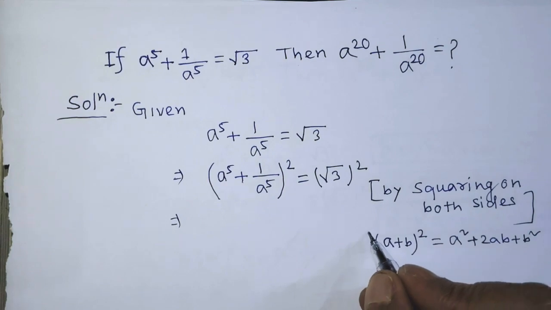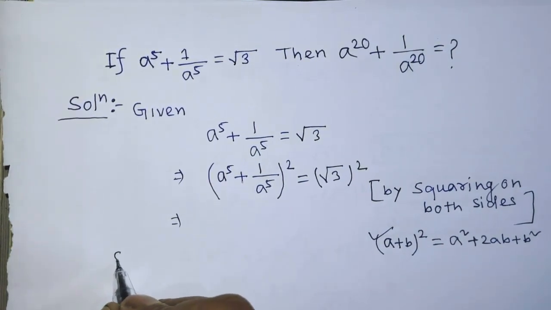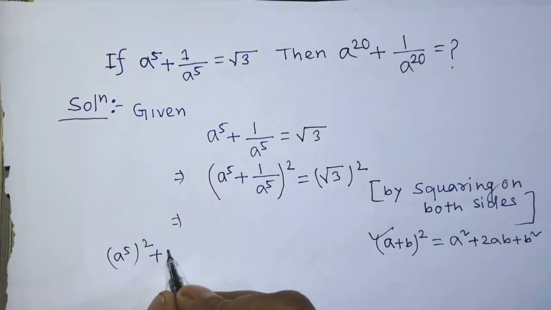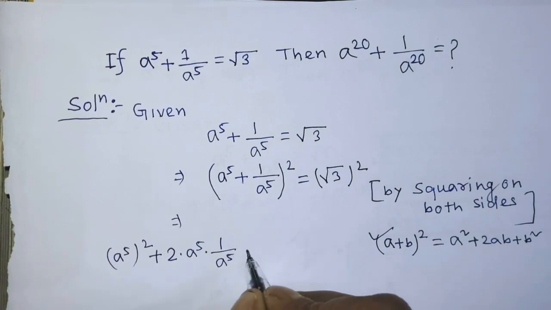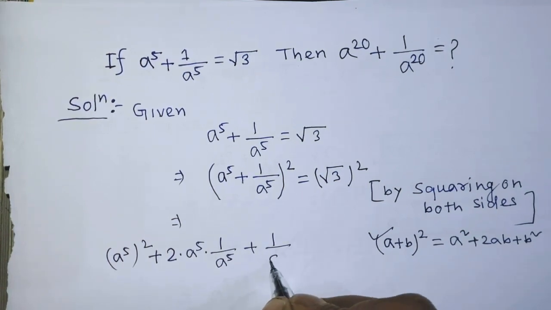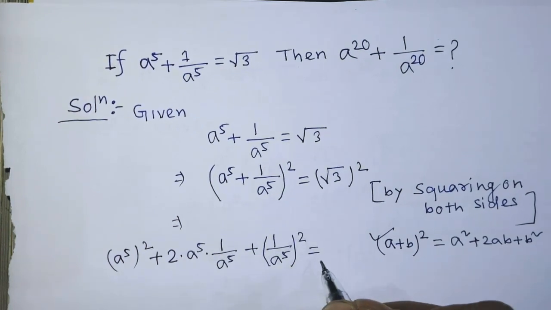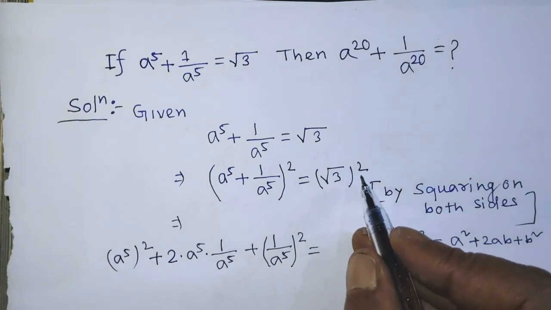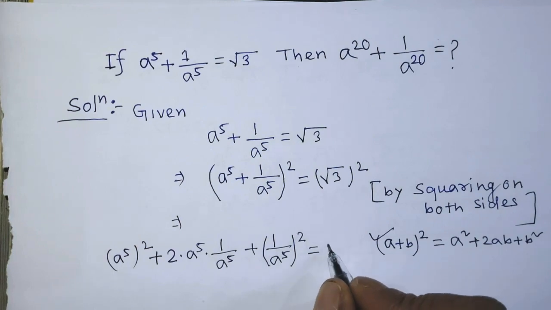So student, according to this formula, we can write from the left hand side (a to the power 5) whole to the power 2 plus 2 times a to the power 5 times 1 over a to the power 5 plus (1 over a to the power 5) whole to the power 2 is equal to, so student, (square root of 3) whole to the power 2, that is 3. So on the right hand side we can write 3.